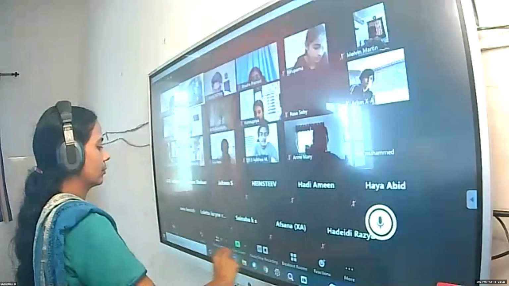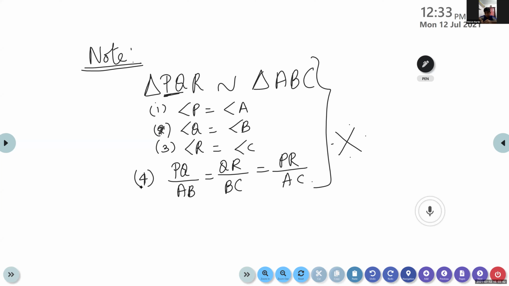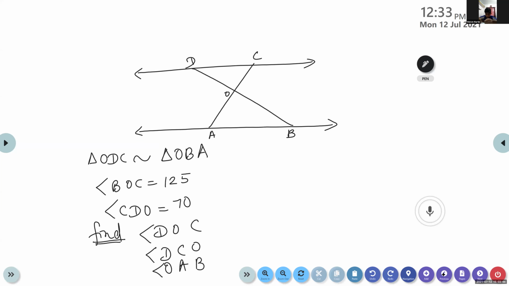Okay. Now look at this question. How to solve this? Here it is given triangle ODC is similar to triangle OBA. Therefore, angle O will be the same as angle O. These two angles will be equal because they are vertically opposite angles.